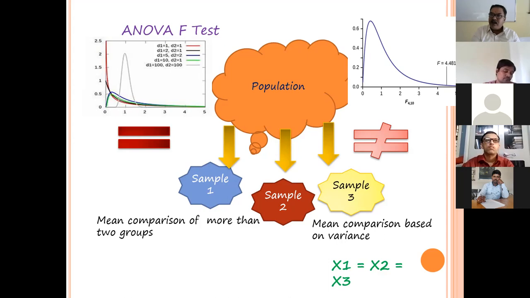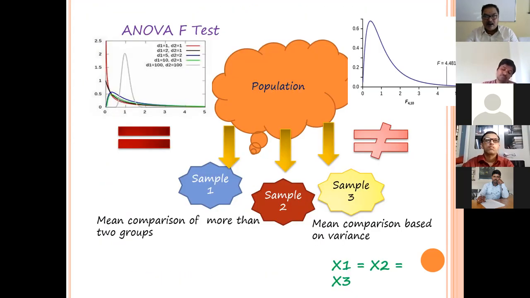The variances will help you tell only whether the groups are differing or not, that one of the groups is differing from the others. It will never tell you where the mean differences are.